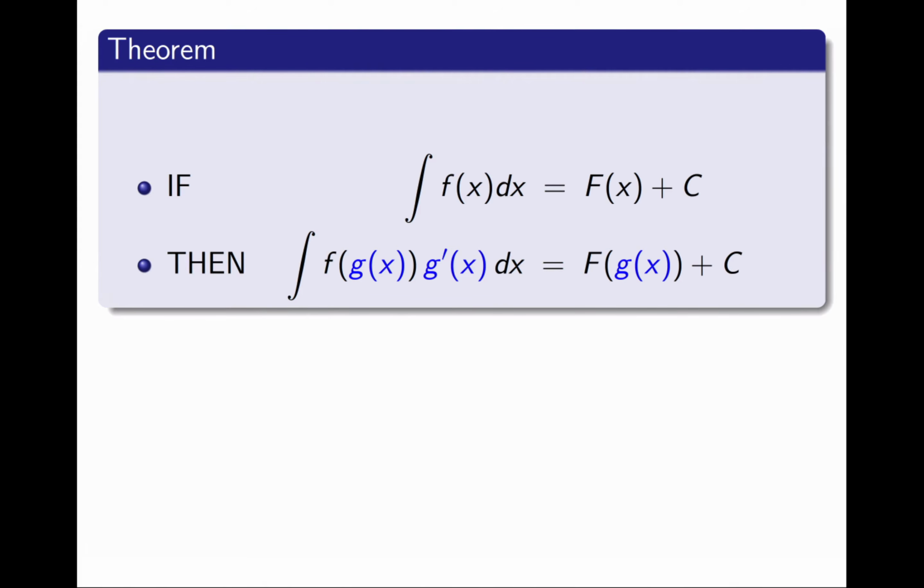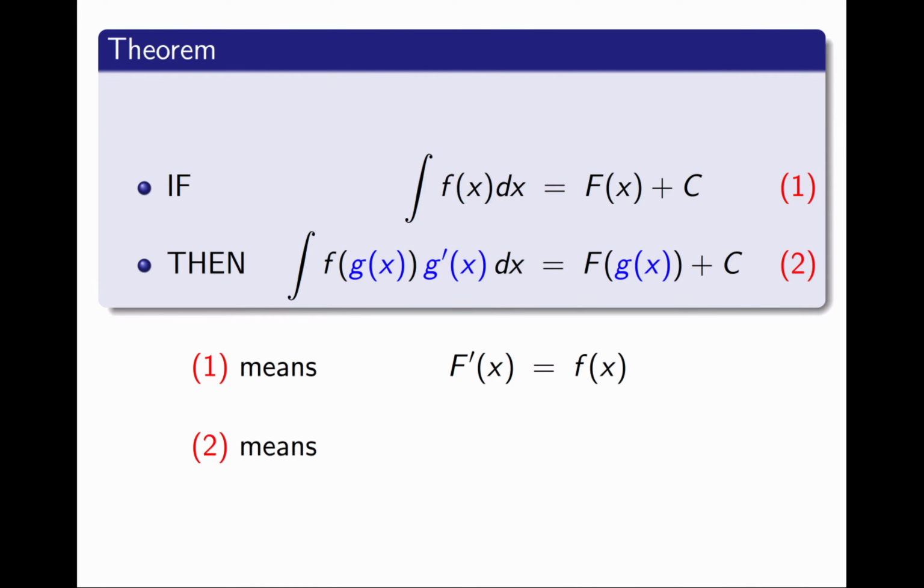Why is that? The if part means that the derivative of big F is little f. The then part means that the derivative of big F composed with g is little f composed with g times g prime. Notice that the second statement follows directly from the chain rule plus the first statement.